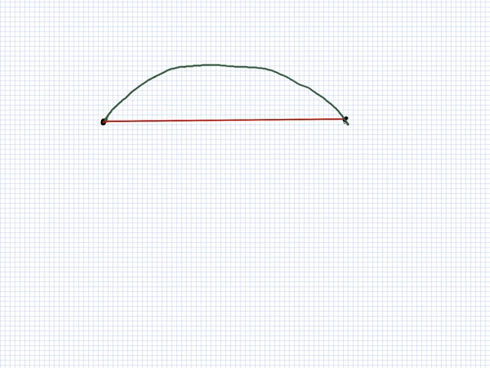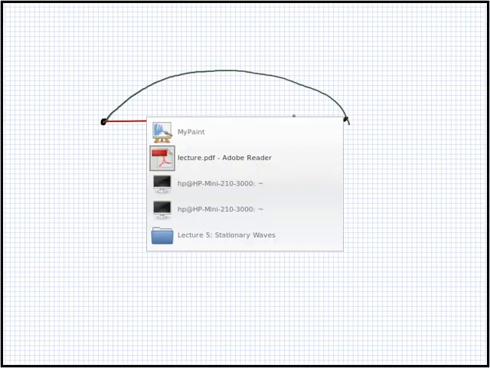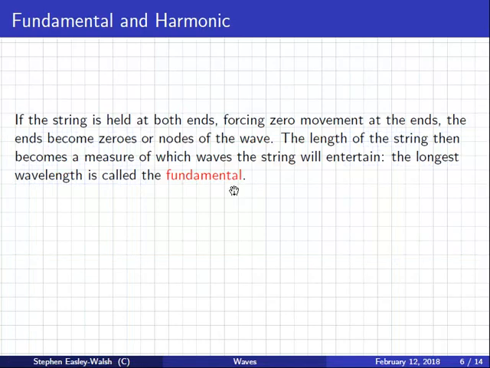I can't make it any longer than this. So this wave here is called the fundamental. It's the longest wavelength you can fit here. And the problem is that these have to be nodes. I couldn't do this, because it has to be fixed here. So the longest one we can fit is called the fundamental.